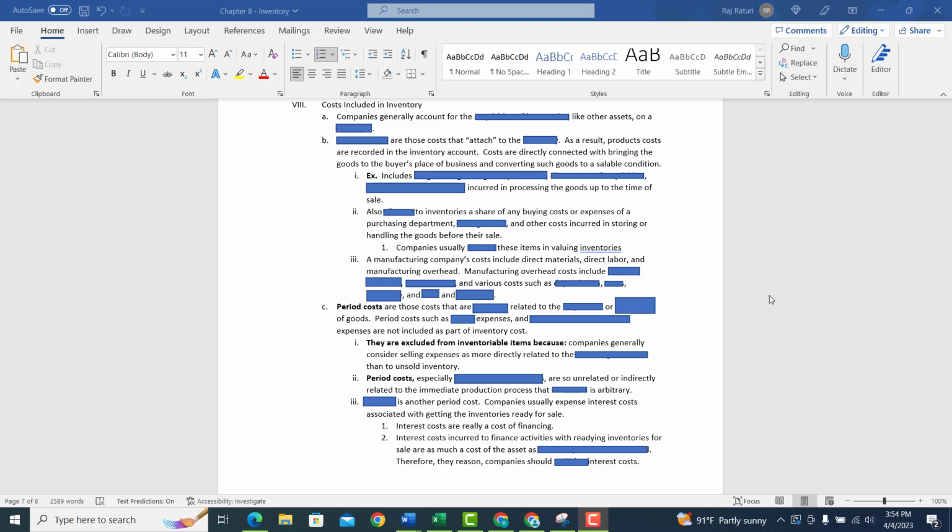Okay, so in this module, we're going to do lesson objective 4, which is to understand the items to include as inventory cost.